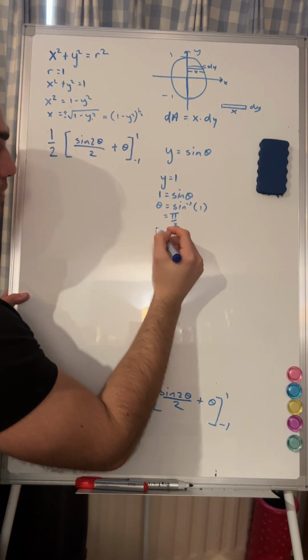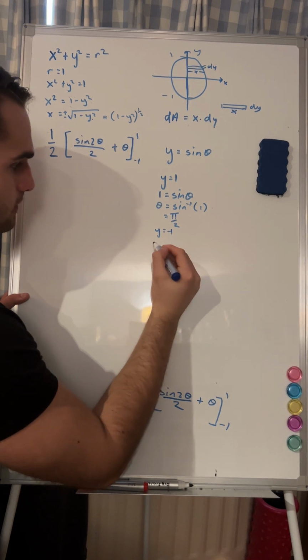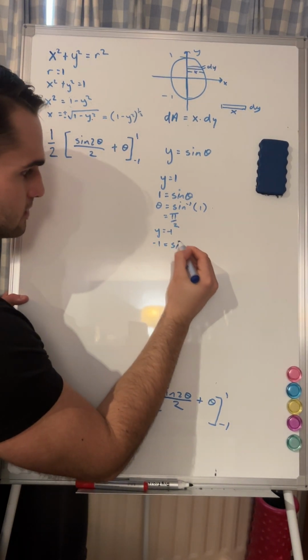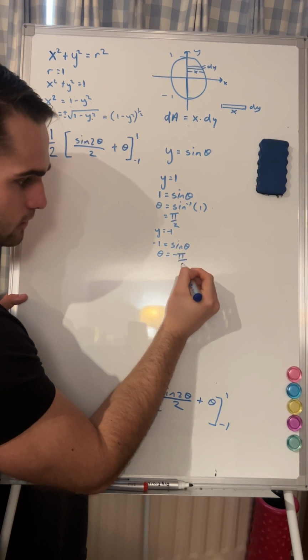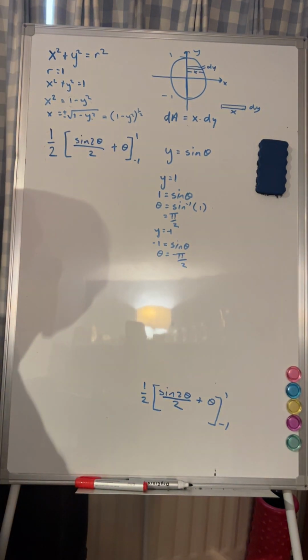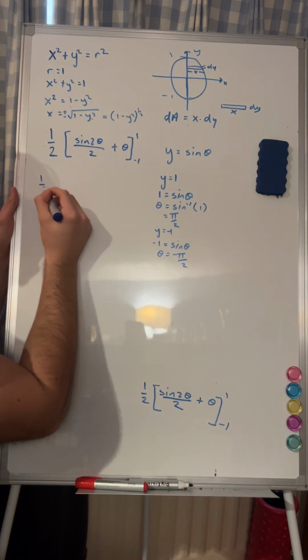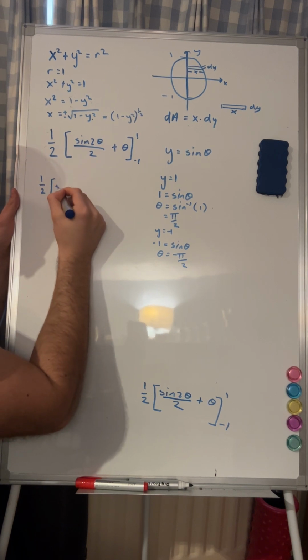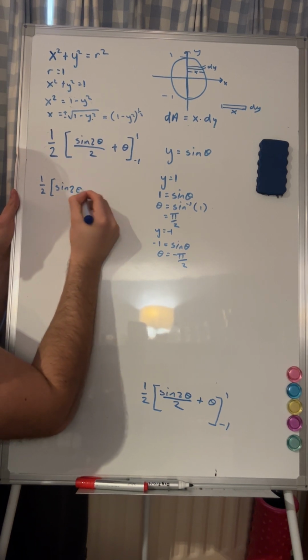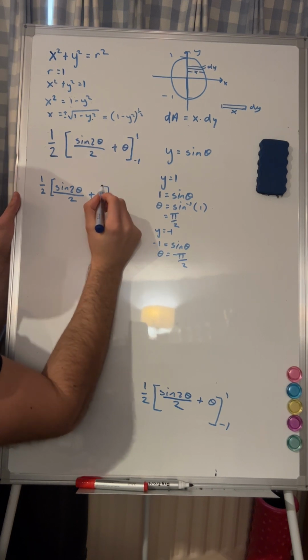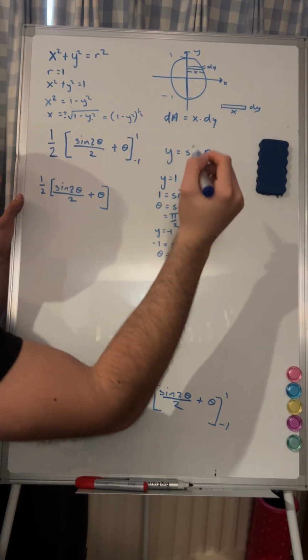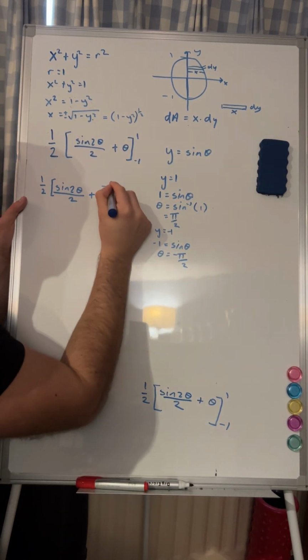And then if we were to use y equals minus 1 equals sine theta, we get that theta equals minus pi over 2. So these are our new boundary conditions. So we can say that a half sine 2 theta over 2 plus theta, we're integrating not between 1 and minus 1, but between pi over 2 and minus pi over 2.